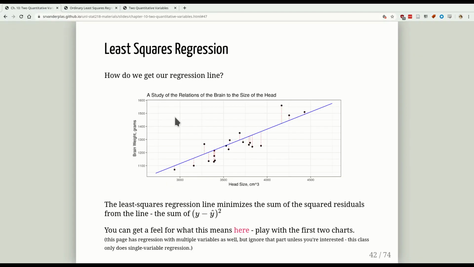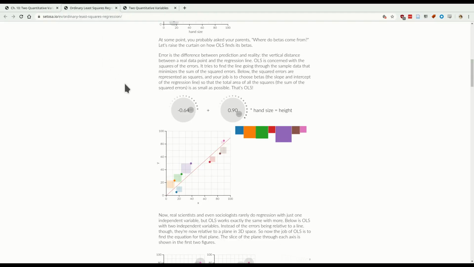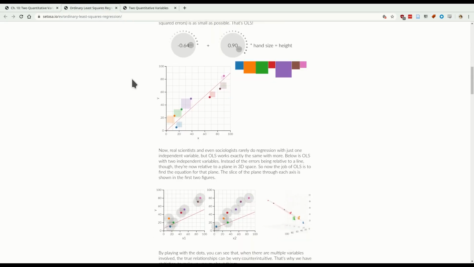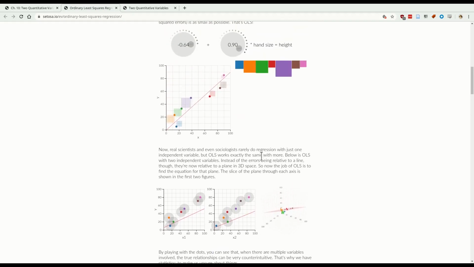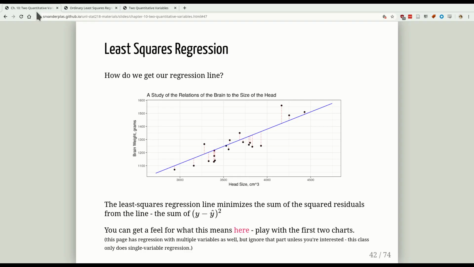There's a similar app in the book as well that you can find the link to. I will say with this particular applet, there are multiple variables included here. I don't really think you need to worry about the multiple variable regression. We're not going to talk about it in this class, so only scroll down if you're interested, and it's not going to show up on the test or anything.